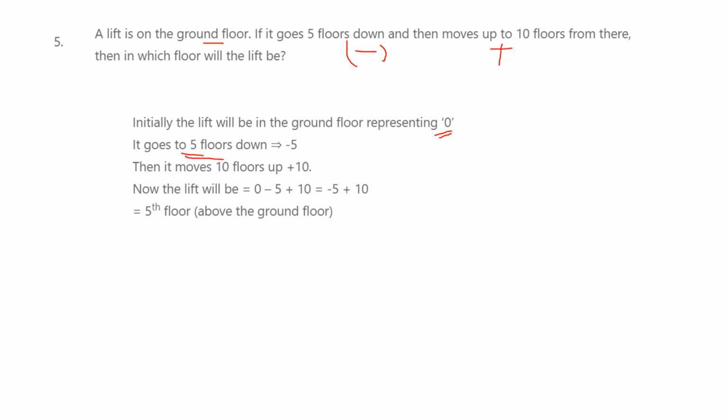So initially 0, after that -5 and +10. So add it: 0 minus 5, whatever the number, if you add 0, that same number will come. So -5 plus 10. 1 minus 1 plus, subtract the numbers, 10 minus 5, 5. And what is the greater number's sign here? Plus. So +5. So fifth floor. In which floor will the lift be? The lift will be on the fifth floor. That is, fifth floor means above the ground floor.